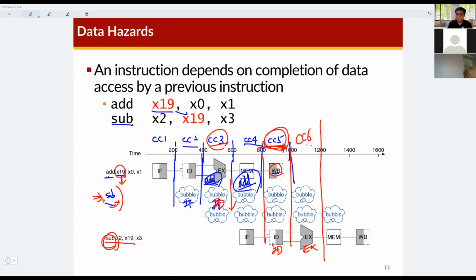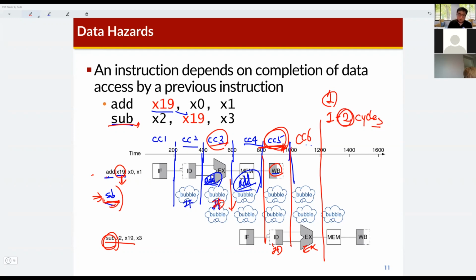We assume that every instruction consumes only 1 cycle, but this sub instruction consumes 1 plus 2 cycles, because due to data dependencies and data hazard, the sub instruction needs to wait an additional 2 clocks.